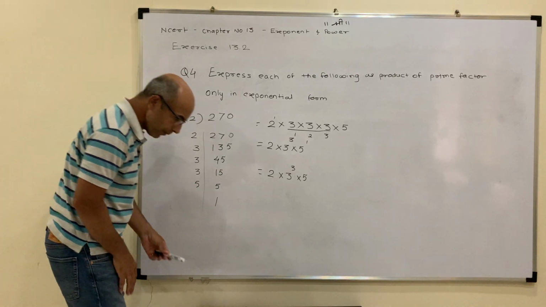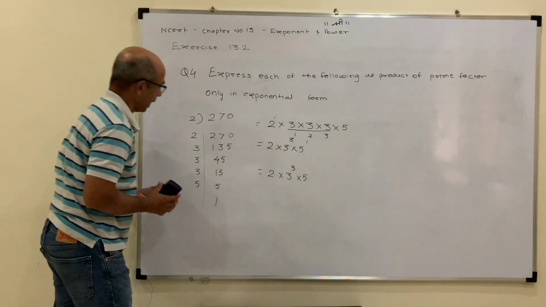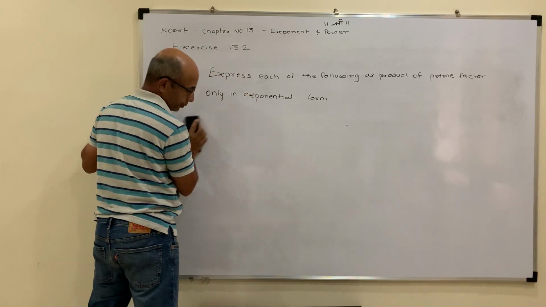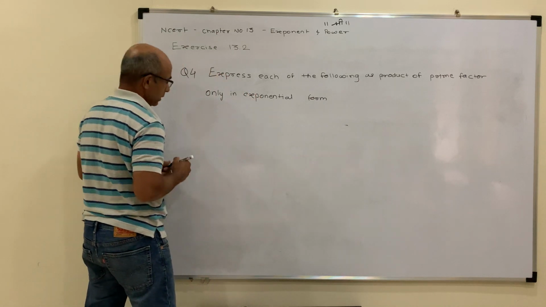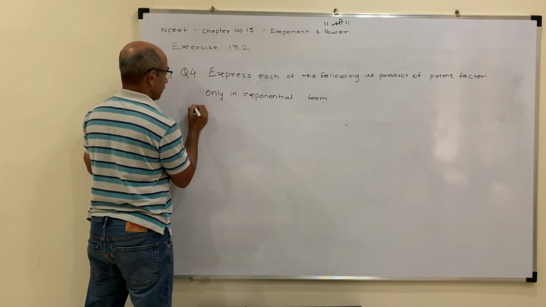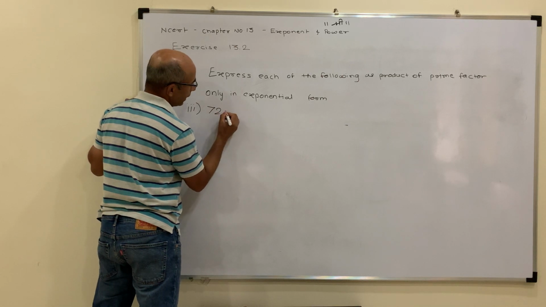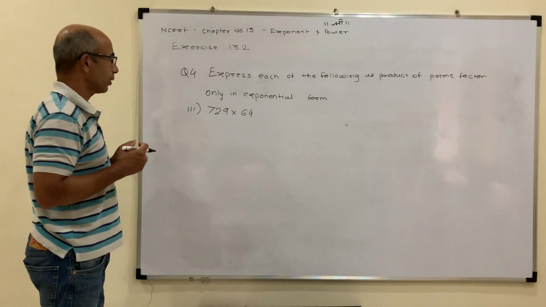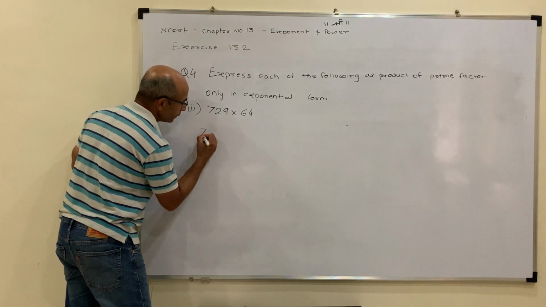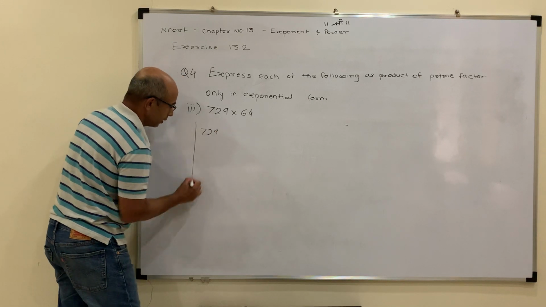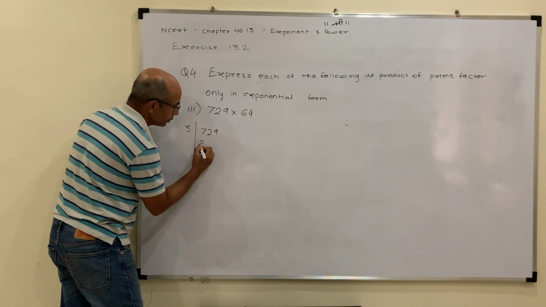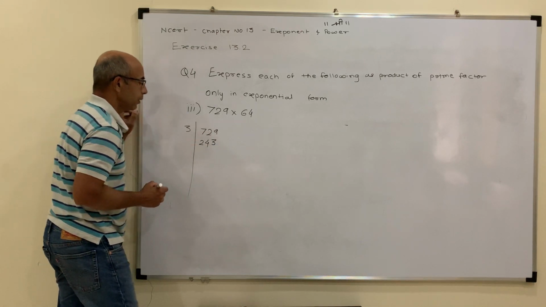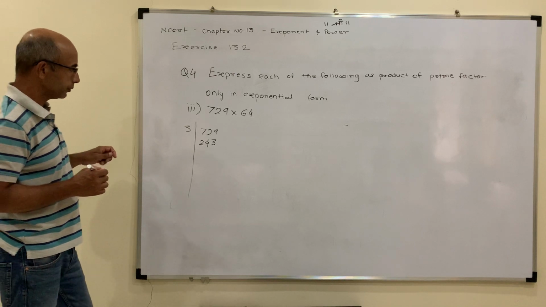Now let's move on to the third one: 729 into 64. So now let's find factors for 729. 3 2s are 6, 3 4s are 12, 3 3s are 9.